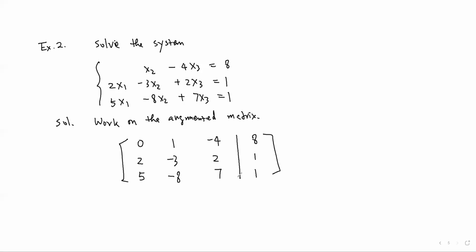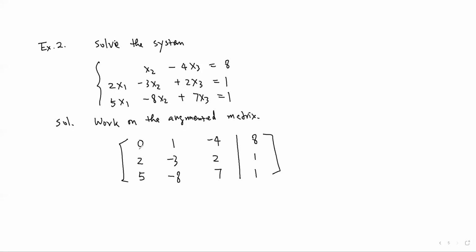Now let me perform forward elimination on this augmented matrix. That means I want to transform it into an upper triangular matrix.